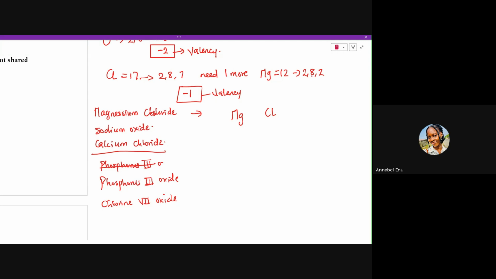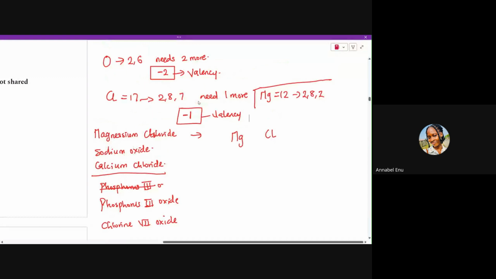So who can tell me from this what the valency of magnesium is going to be? Based on what we did for oxygen and chlorine. +2. +2, very good, because it will be donating that 2. So magnesium is +2. How about chlorine? Chlorine is -1. We already know that, right?